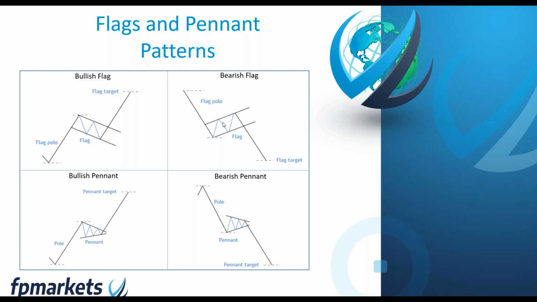For pennants, we look for two converging ascending and descending lines, and as you can see on this slide, it forms a tight triangle pattern. I generally look for tight formations, as I found that these offer the better performance.